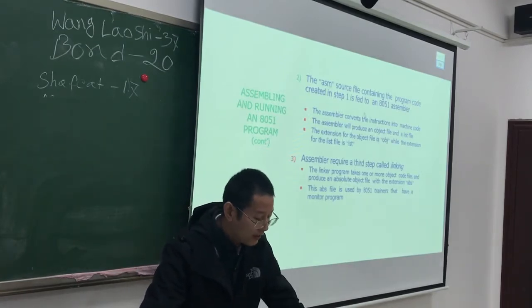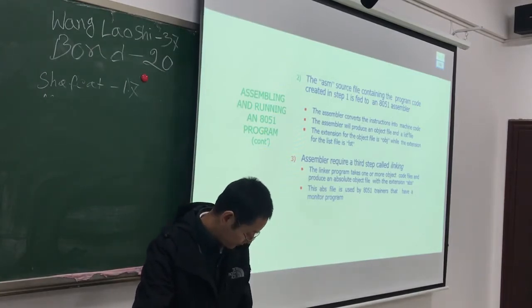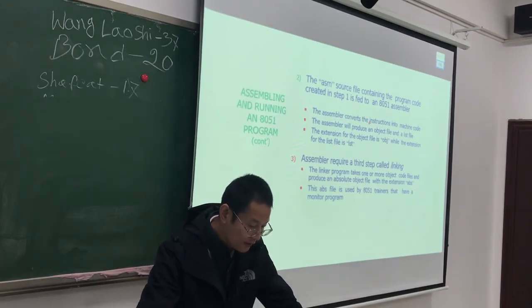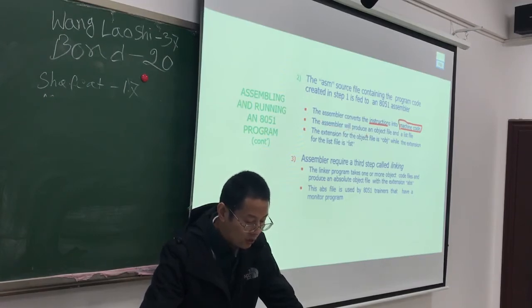When we have the ASM source file, we feed it to the 8051 assembler. The assembler converts the instructions into machine code. The assembler will produce an object file and a list file.